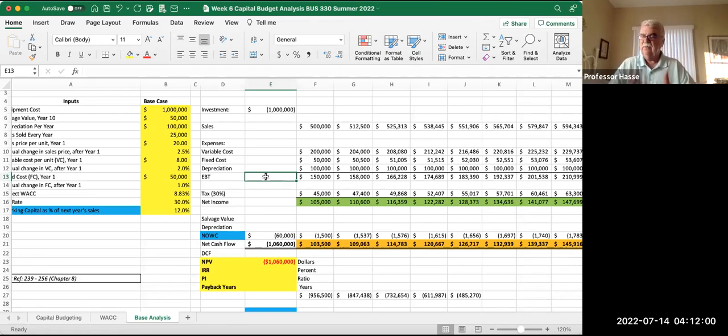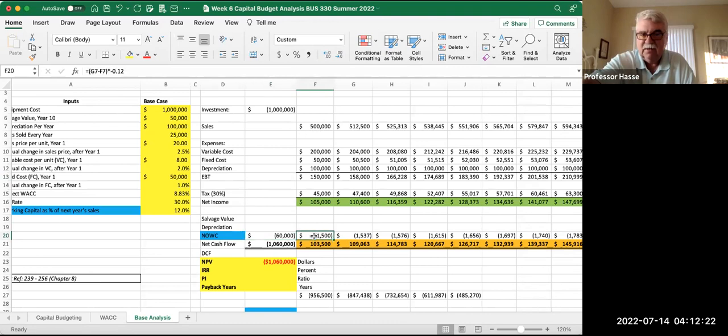So the working capital is a rate. It's a rate of sales or revenues. So notice in year 0, to get this asset off the ground, we have to take 12% of the first year's sales, 500,000. So 12% of 500,000 is $60,000. That's additional cash we have to outlay.